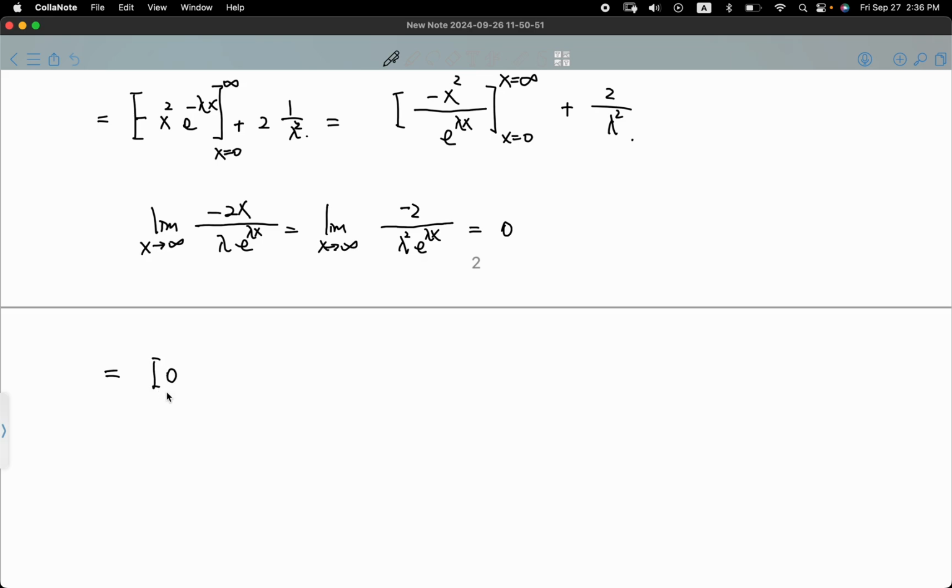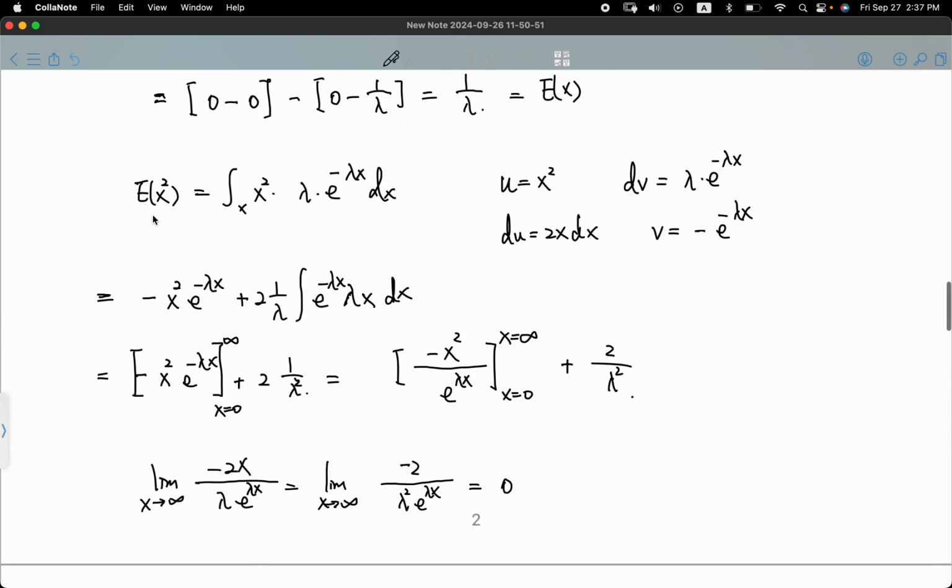You will have 0, and then minus, when you plug in 0 here, this will reduce to 1, and this will reduce to 0, so you have another copy of 0. And then don't forget this is a plus. Okay, you will have 2 over lambda squared, and this is the second moment that we evaluated.